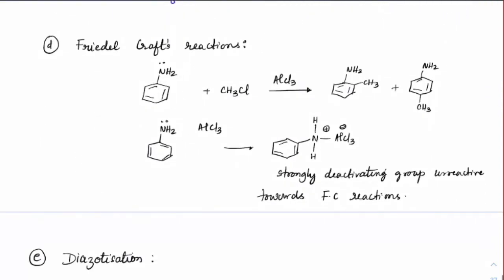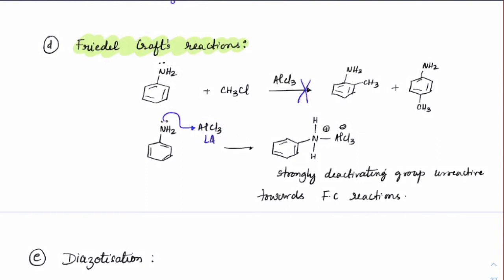Next, in anilines, we will see Friedel-Crafts reactions. When it comes to Friedel-Crafts reactions, what we are expecting is that aniline will react with CH3Cl, either at the ortho or para position here, but this reaction doesn't take place because the lone pair on aniline will first react with AlCl3, because this is a Lewis acid.